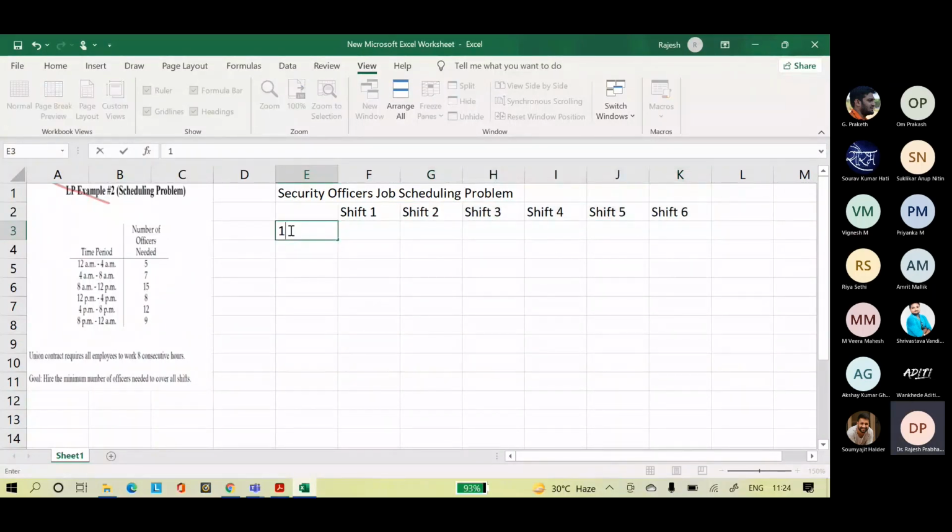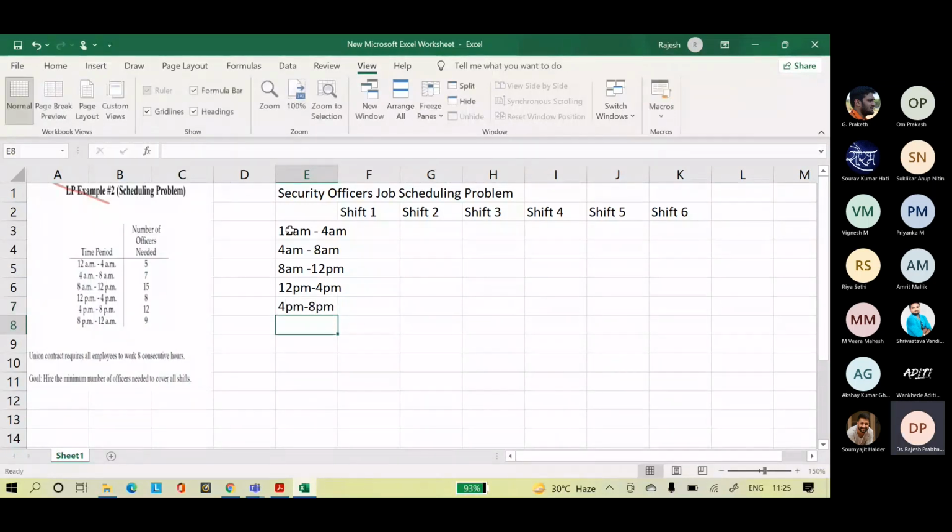The time period is 12 AM to 4 AM is shift 1. 4 AM to 8 AM is shift 2. 8 AM to 12 PM is your shift 3. 12 PM to 4 PM is your shift 4. 4 PM to 8 PM is your shift 5, and 8 PM to 12 AM is your shift 6.